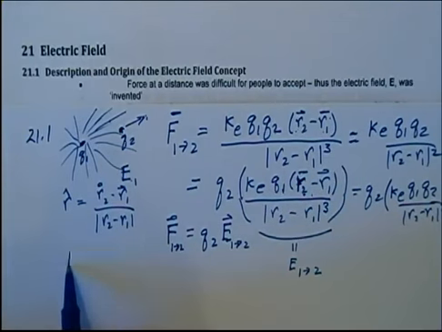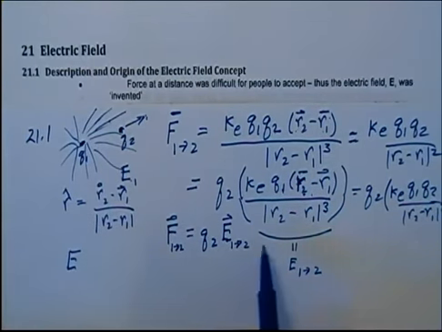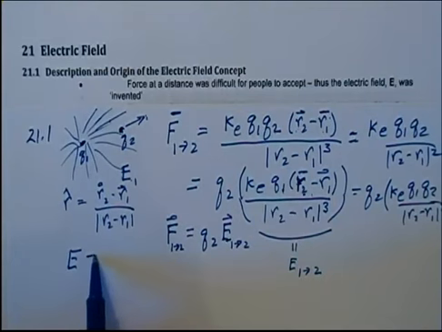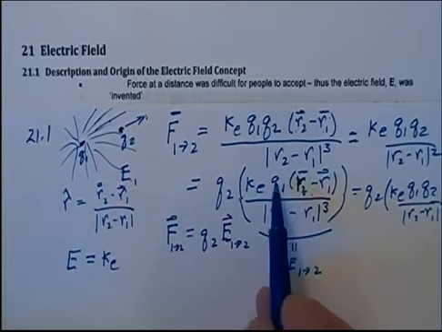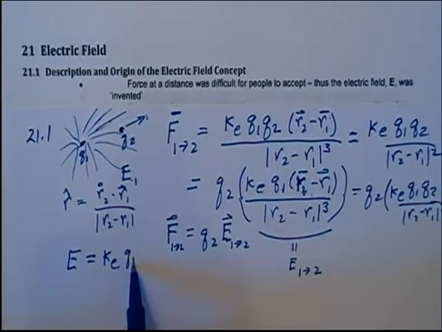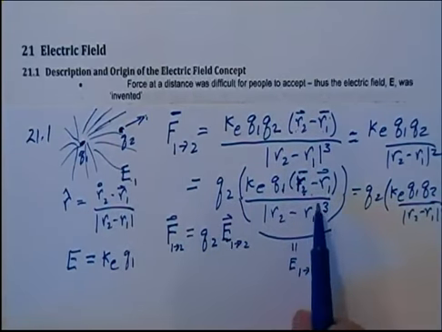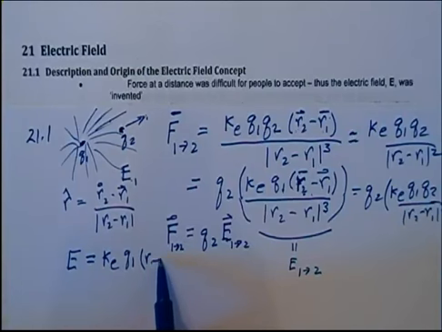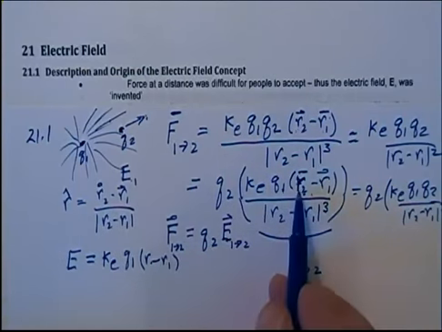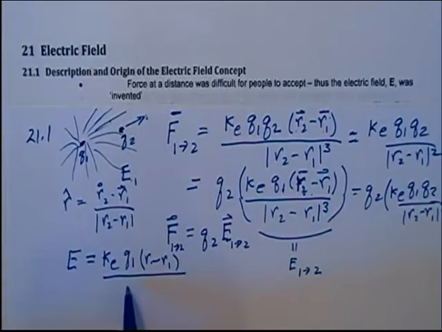So now we can write the electric field must be equal to Ke, due to a charge Q1, Q1, let's say on Q rather than Q2, it'd be Q1, times the vector R minus R1, and I will just drop the 2 now, divided by the magnitude of R minus R1 cubed.